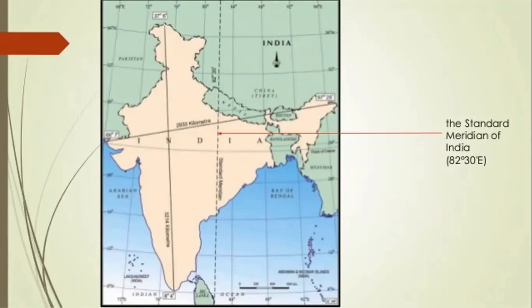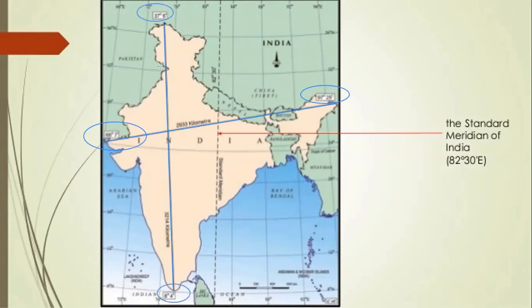So here, from 37 degrees north, 6 degrees right till here, this is how much? 3,214 kilometers. And from this till the extreme east point is 2,933 kilometers. Now, if you look at the latitudes and longitudes, we have 66.7 here, 97 over here, we have 37, and we have 8 points.